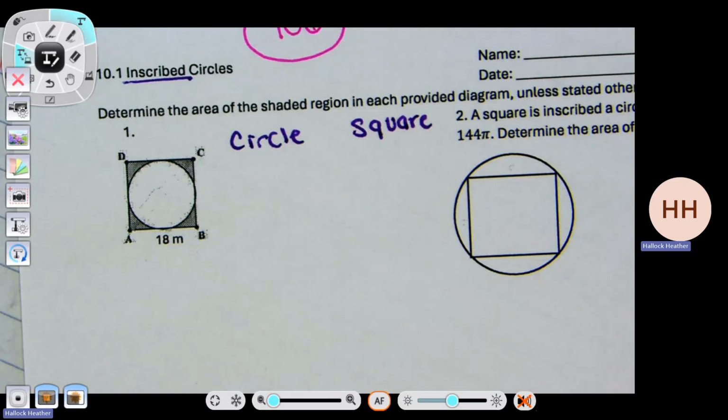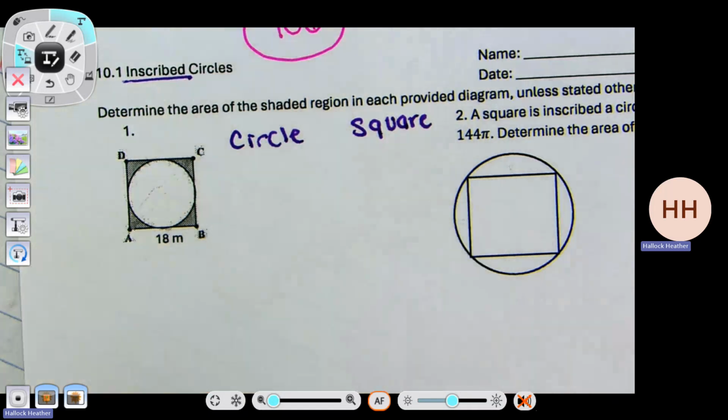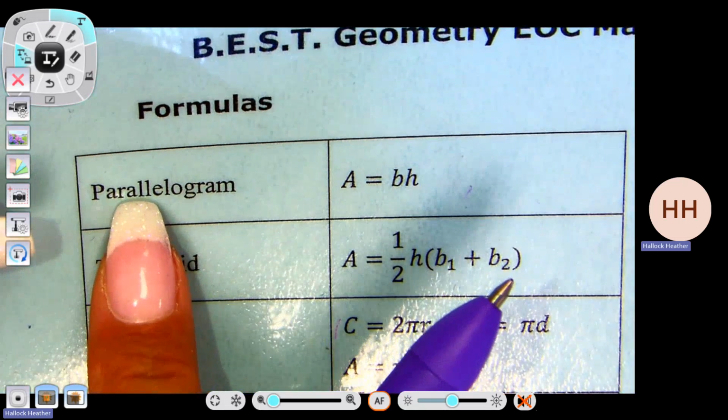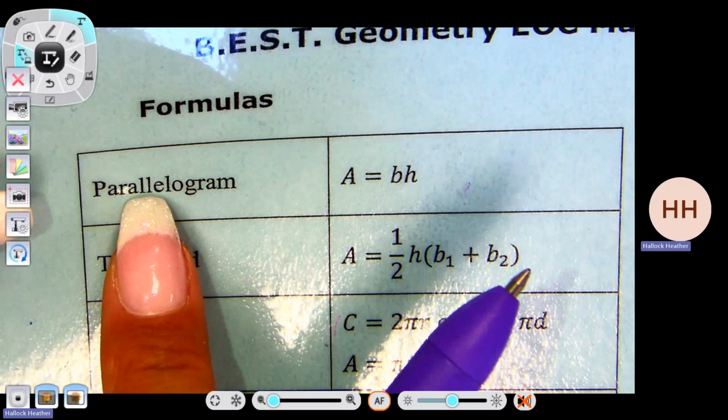Okay. Do you want to find the area of this? Let's do the square first because the number's on the outside. A square has all congruent sides. If you look at your blue sheet, it does not tell you a square. In quadrilaterals, when we did all those weird shapes, it's a parallelogram. A parallelogram is a rectangle. A parallelogram is a square. A parallelogram is all those things.